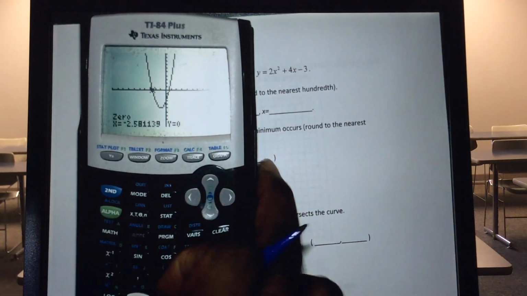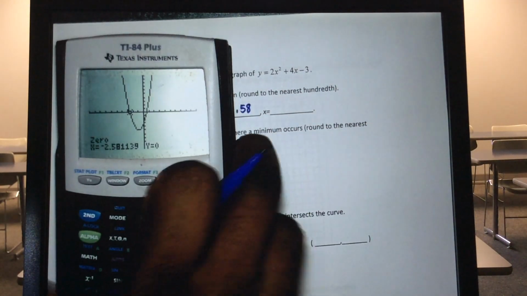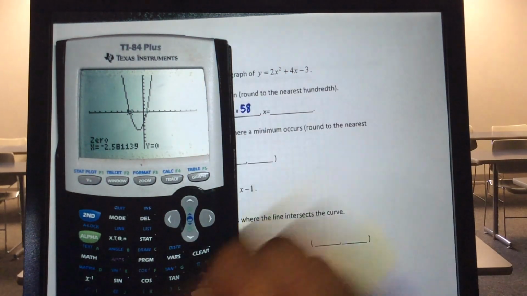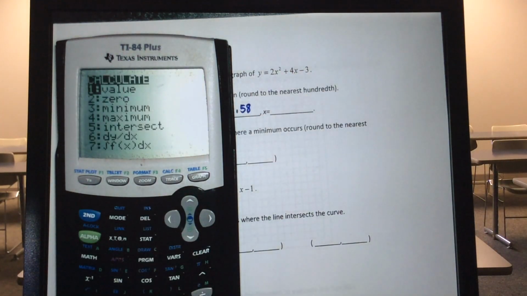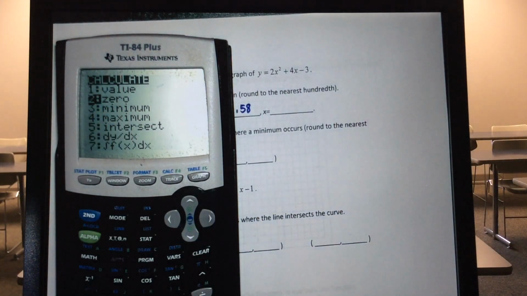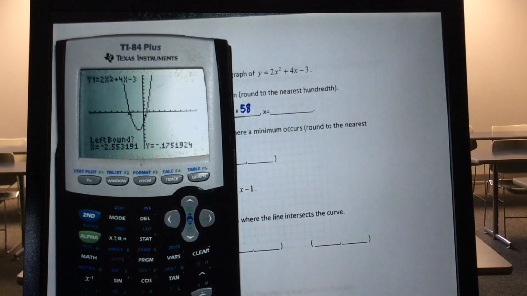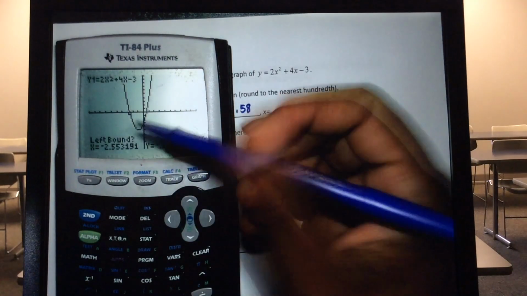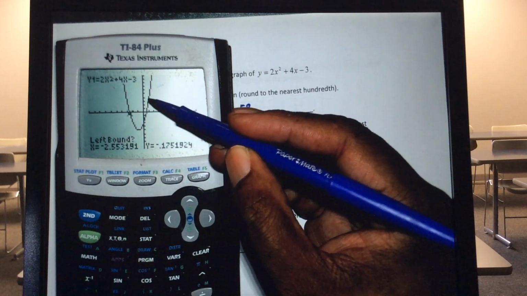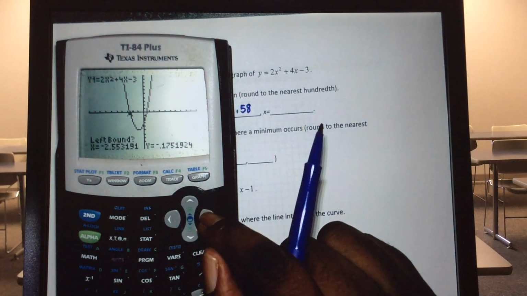The other x-intercept is over here. And we're going to go through that same thing. Second and trace, and select menu item number 2, which is zero. That's the other x-intercept. Now this time, for left bound, we want the cursor below and then above. So this time I'm going to use my right arrow key.